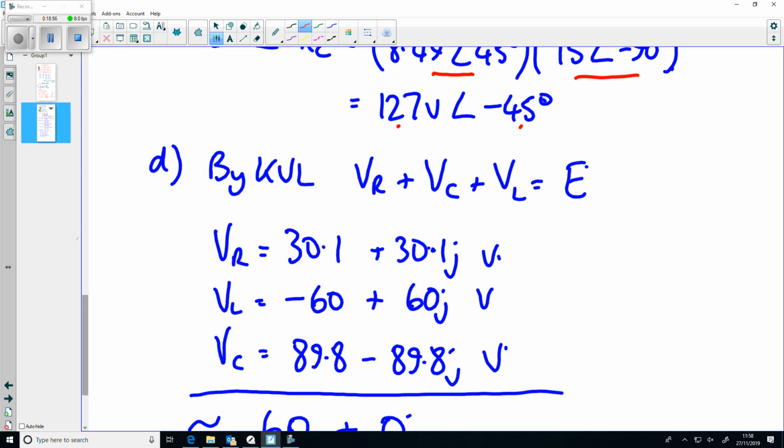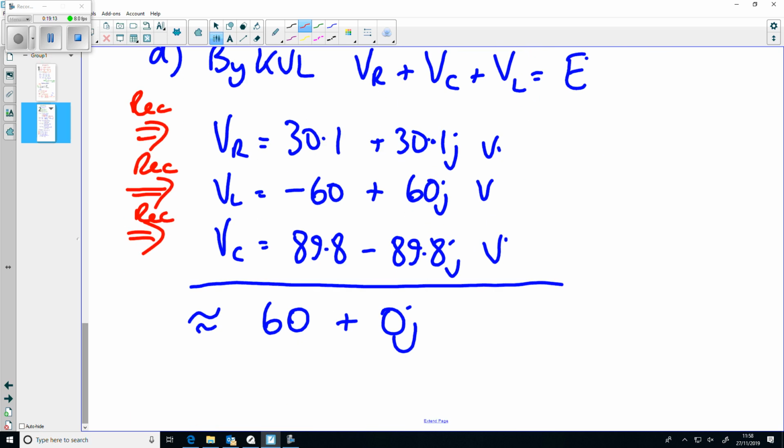We need to convert each one of those to rectangular form. So we've done a rectangular conversion on each of those, like so, and then add them all up, and you just simply add the columns up.